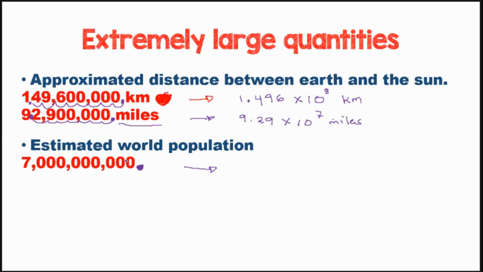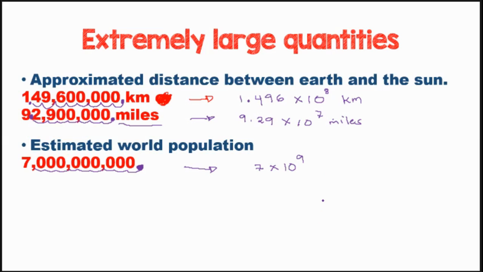Move the decimal point and units to the left. 1, 2, 3, 4, 5, 6, 7, 8, 9. We have to move 9 units. So we have here 7 times 10 raised to the 9th power.